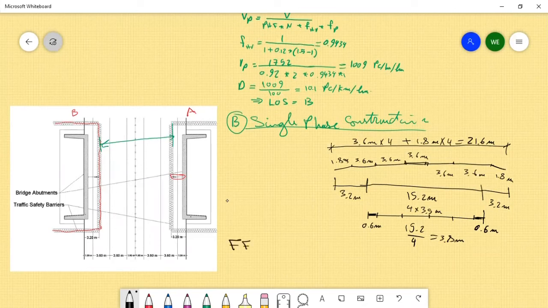So the free flow speed during construction, remember, it said that during construction the basic free flow speed will be 65. So there is a 65 minus an adjustment factor for lane width.